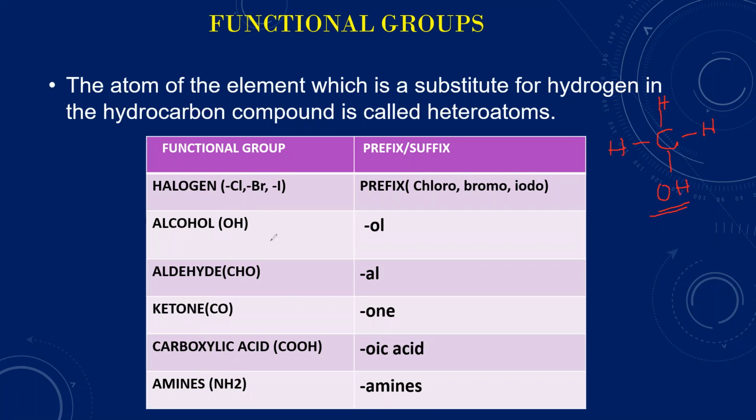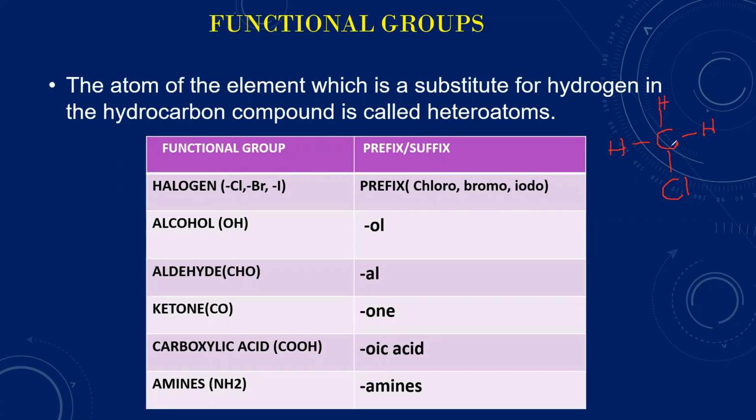So if a halogen is coming as a functional group, which are the halogens? Chlorine, bromine, and iodine. If a halogen is coming as a functional group, then we have to add it as a prefix. For example, if chlorine is attached to the hydrocarbon, it is a halogen, so we have to add it as a prefix.